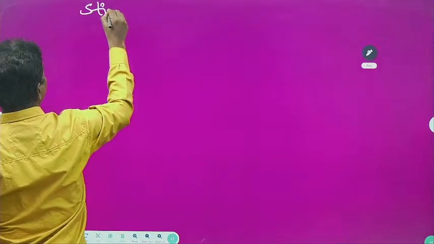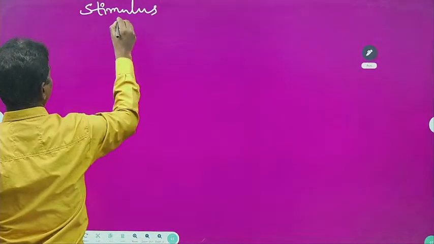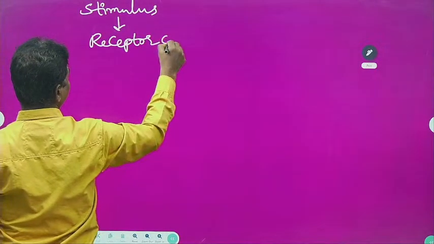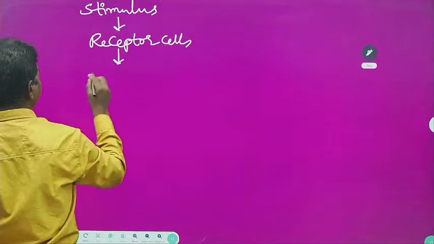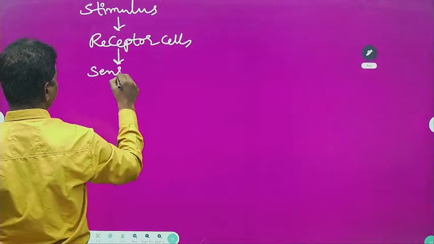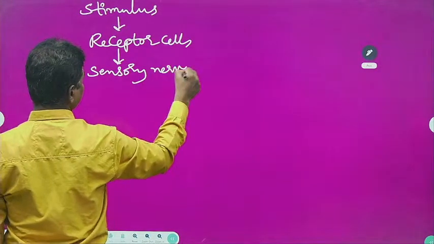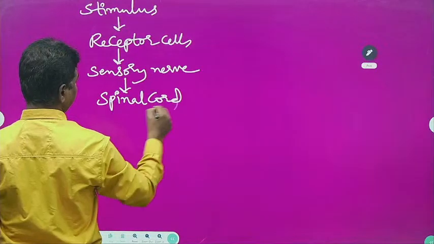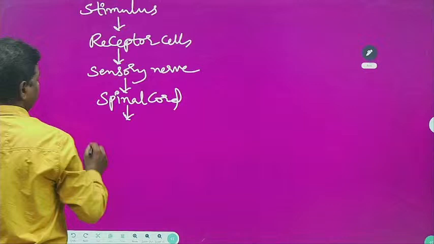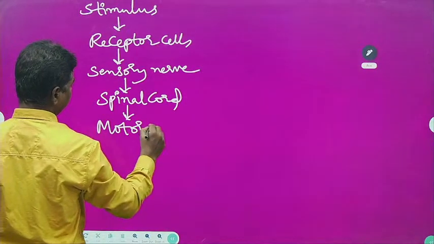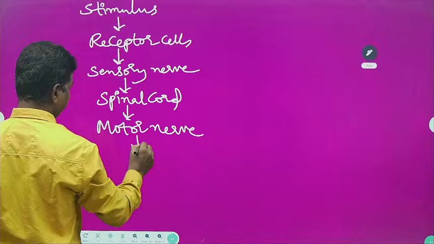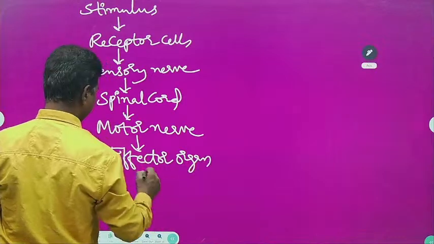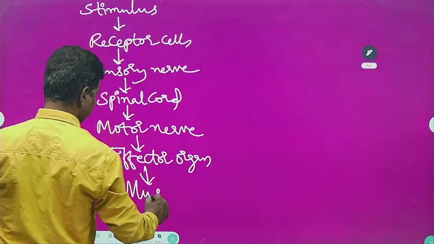Stimulus, receptor cells, next sensory nerve, spinal cord, motor nerve, effector organ.